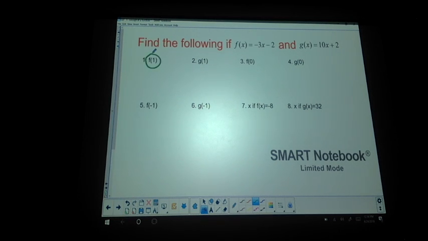So f at 1. Do I plug it into the first or the second equation? What sticks out and tells you? Why is it the first? Because of the f. Good. So f at 1, f at x. So I'm going to go negative 3 minus 2. That had been an x. I'm going to plug a 1 in there. So I wind up with negative 5.